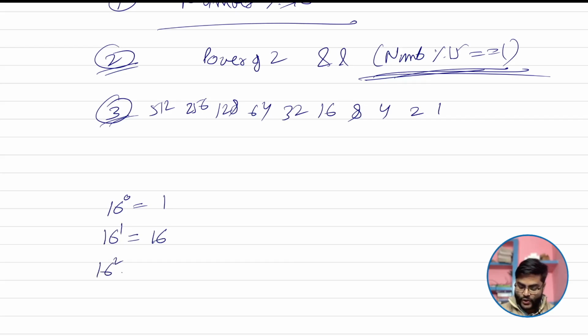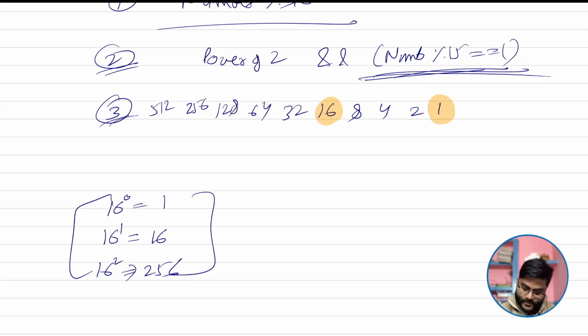What is 16 raised to power 2? It is 256, I guess. Yeah, it is 256. So if you observe this, these bits can be power of 16.